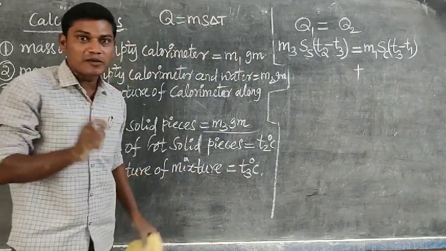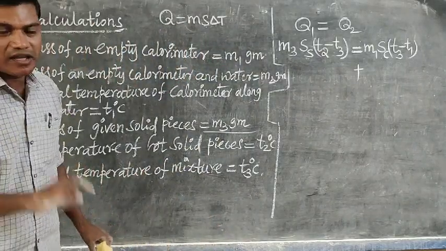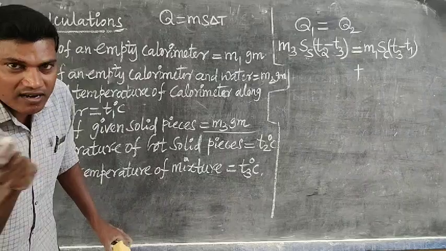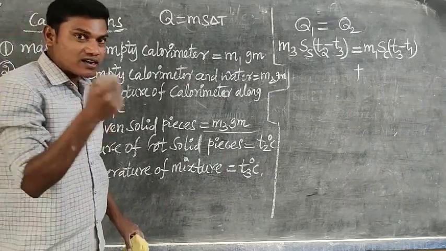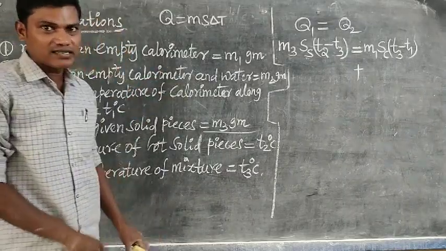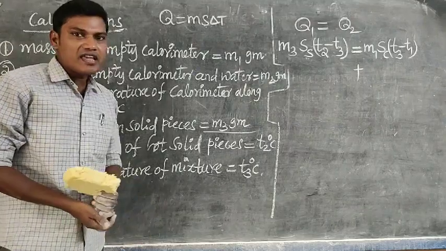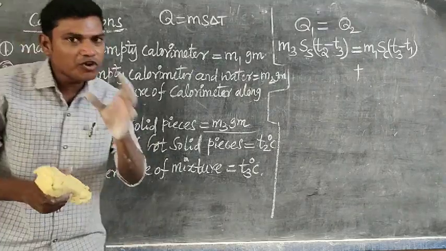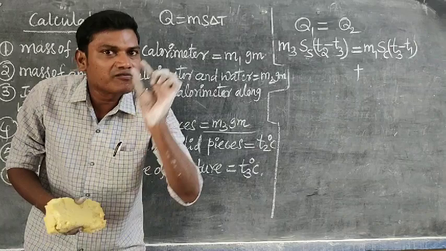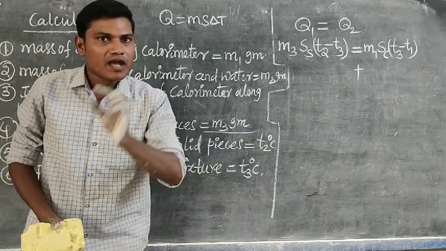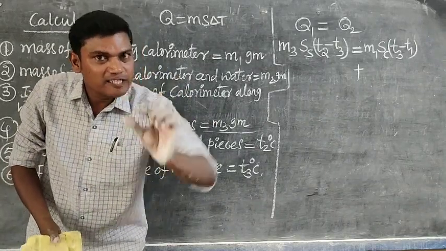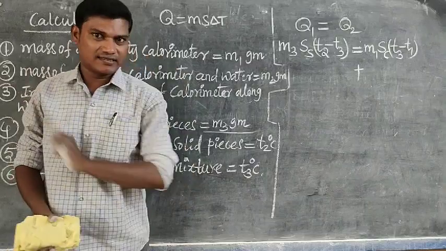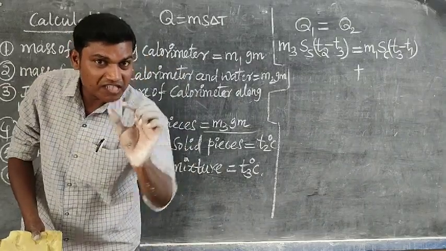In the cold body, not only the calorimeter, along with the calorimeter, water is also there. That's why water also absorbs the heat energy. Why we are specially considering this: we know the calorimeter is made up of a copper vessel. Copper's specific heat is very low, but water's specific heat is very high.